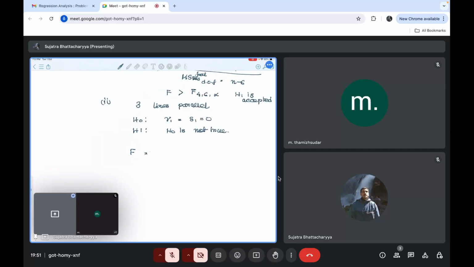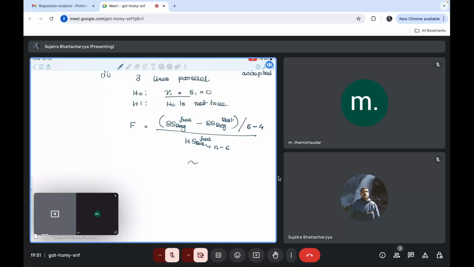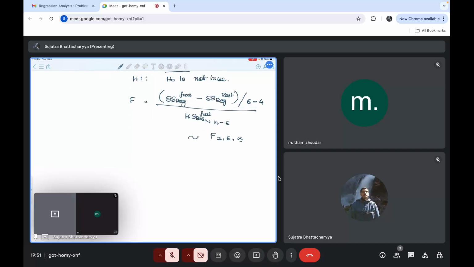So F is equal to SS regression of full model minus SS regression of restricted model, divided by degrees of freedom: in the full model there are 6 unknown parameters, and in the restricted model there are 4 because only gamma 1 and delta 1 are not there. Divided by MS residual for the full model, which has degrees of freedom n minus 6. Again same. So this will be F 2, 6, alpha, the level of significance.